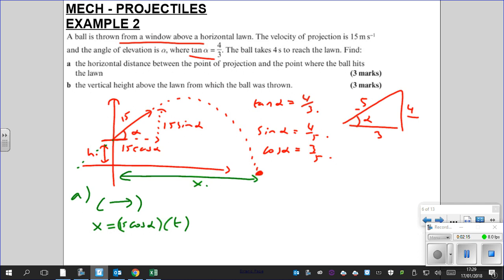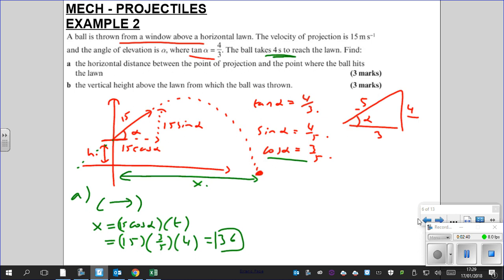And it tells us that it takes 4 seconds. So 15, our cos alpha from here is 3/5, and our time is 4. So it must be 15 over 3 is 5, so 9, so 9 times 4 is 36 meters, right? So it should be 36 meters across.